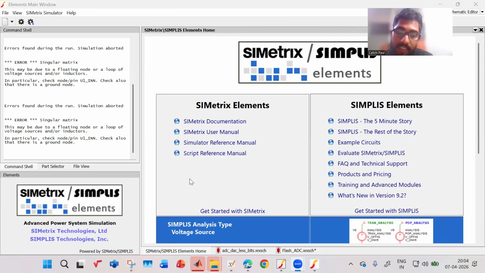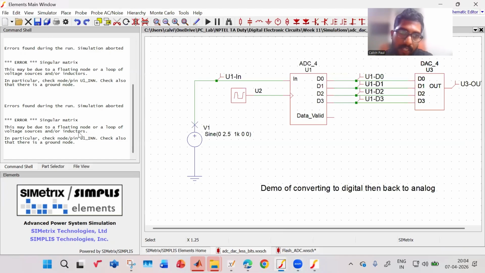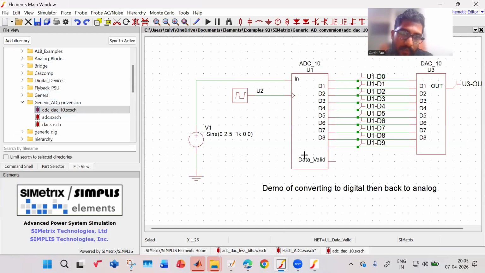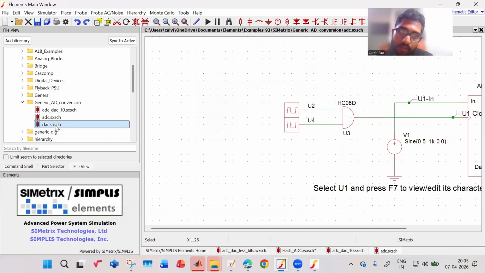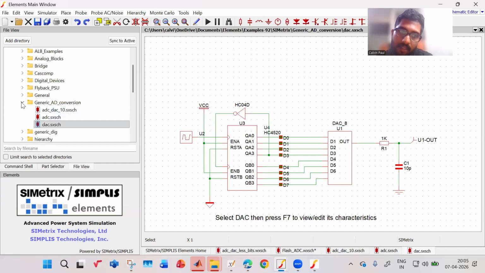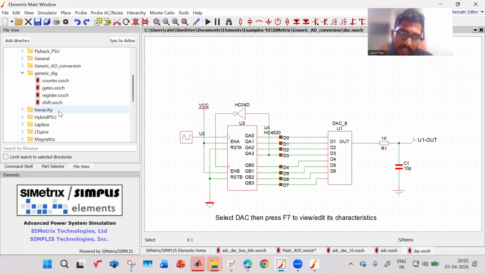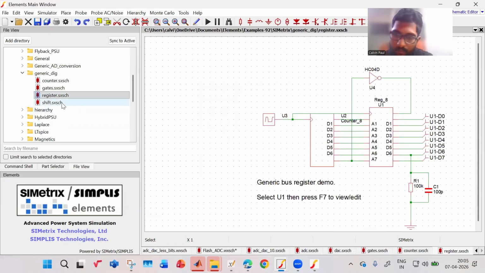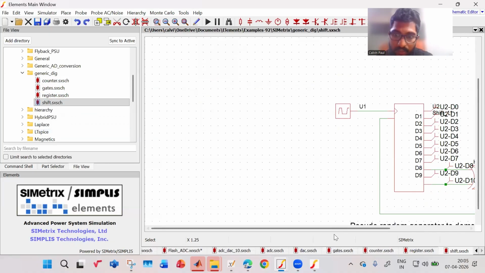There are various things I'd like to tell further. You can go to examples. There are certain examples there. What I did was go to the example, open the file, and then modify it. The various blocks are already pre-configured, so you can check what you should do for an ADC, a DAC, and generic digital blocks: what to do for a gate, a counter, a register, a shift register.